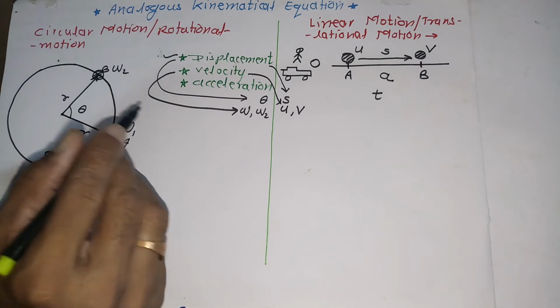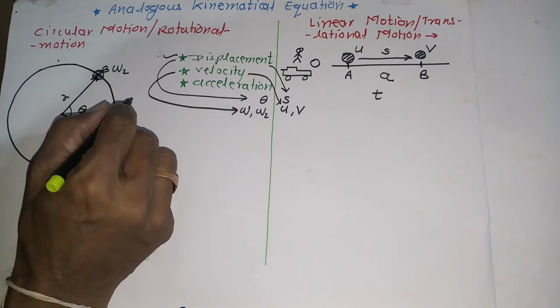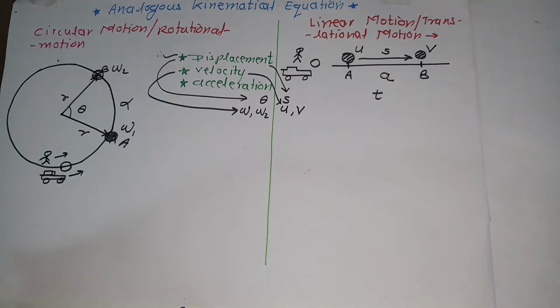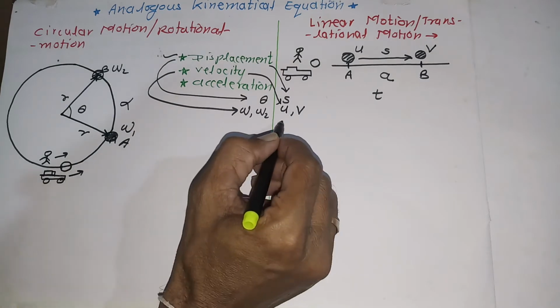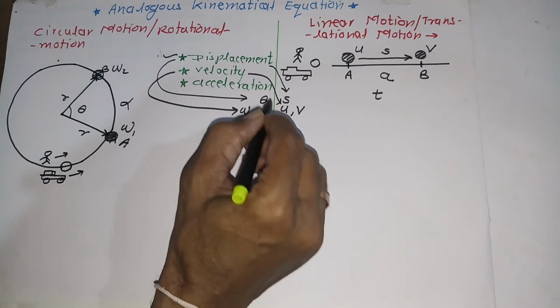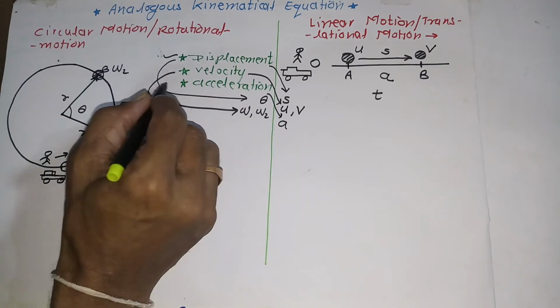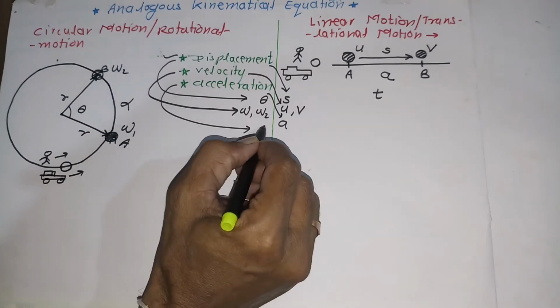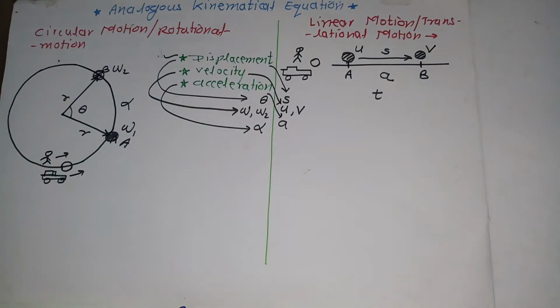Here also it possesses acceleration, which is none other than angular acceleration alpha. So you have to use analogy: linear acceleration a in linear motion is analogous to angular acceleration alpha in circular motion.